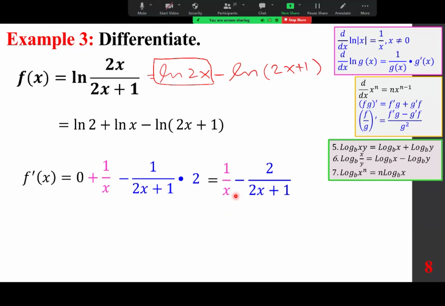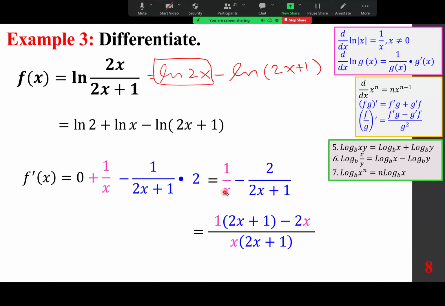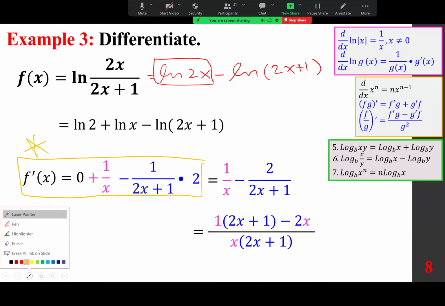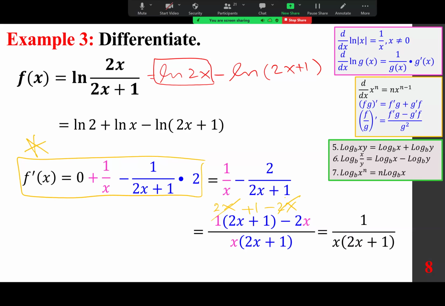And the product of these two is the LCD, and 1 times 2x plus 1 minus 2 times x. I'm assuming everybody's okay with the algebra. This is the only calculus step, everybody. This was done with calculus. Everything else is algebra. And so we get 2x plus 1 minus 2x. Answer is 1 over x times 2x plus 1 as the final answer, and we are done.